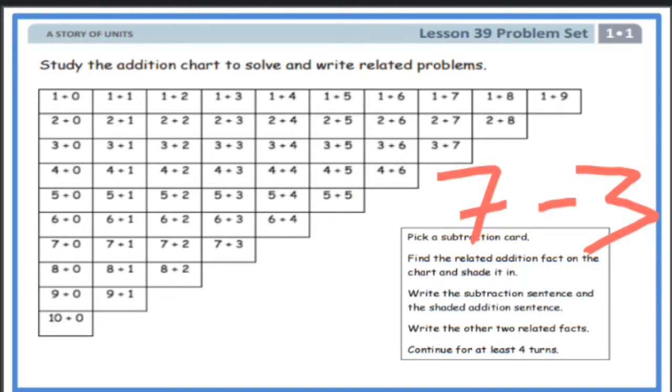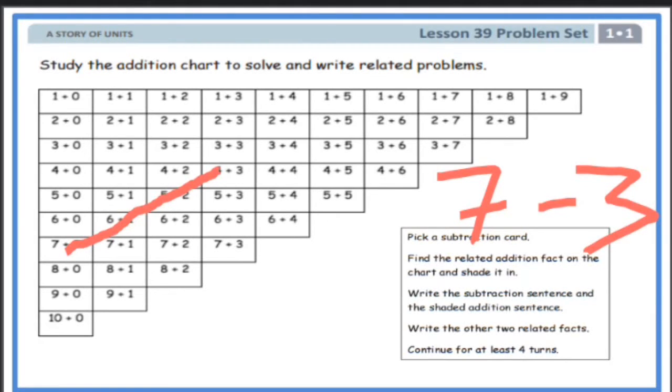Starting from where I have 7 in my first row, I'll climb up anywhere I see 3, because 3 and something will give us a 7. So starting from 7, I'll look for anywhere I have 3, I'll stop. Yes, I'm there. 4 and 3.